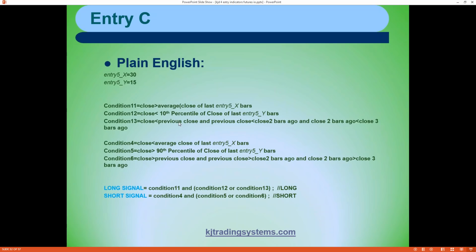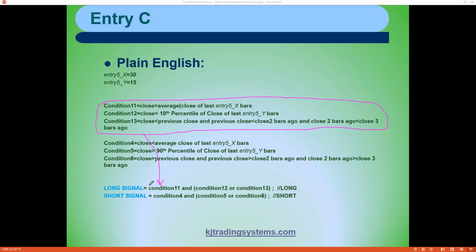If the close is less than the previous close, and the previous close is less than the close 2 bars ago, and the close 3 bars ago is greater than the close 2 bars ago. So those are all true and false, right? So each one of these can be evaluated. You evaluate each one. Then it's kind of a little hard to read here, but you take these and they only apply to the long signal, and then the other 3 apply to the short signal.